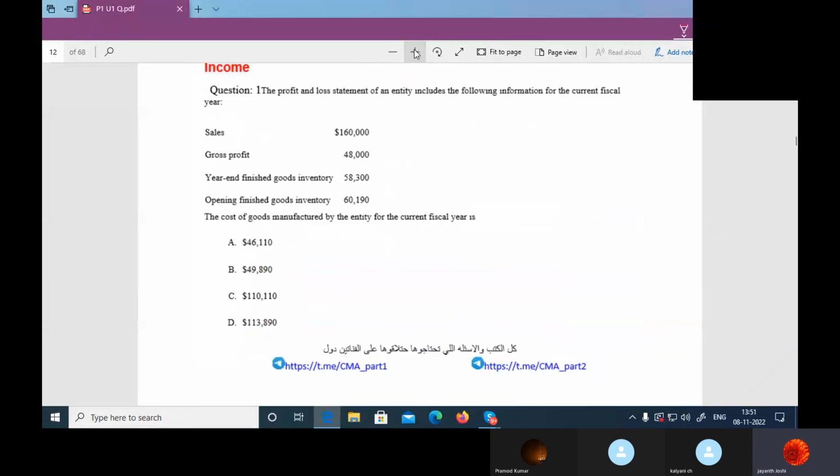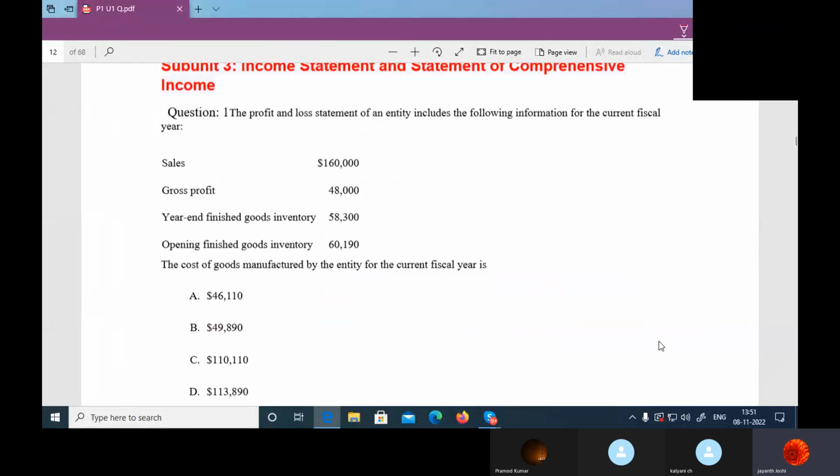Now let's go for the income statement. Okay, come on, do this question. Cost of goods manufactured by the entity for the current financial year. 1 lakh 12,000.